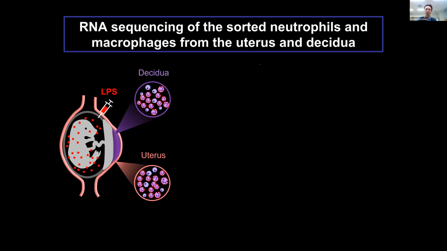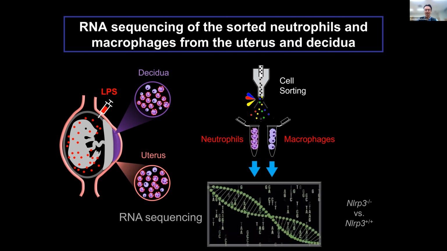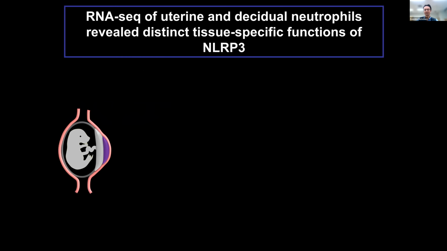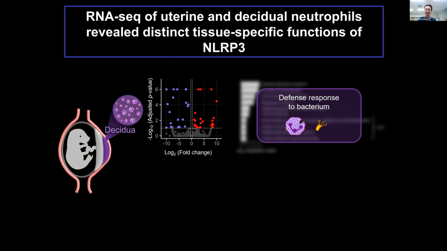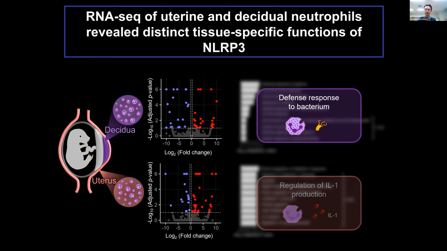We next explored whether the functions of these innate immune cells were altered using cell sorting and RNA sequencing. In the decidua, neutrophils from knockout mice displayed gene expression that was enriched for host response processes such as defense response to bacteria. On the other hand, uterine neutrophils displayed gene expression enriched for cytokine signaling processes such as regulation of IL-1 production.